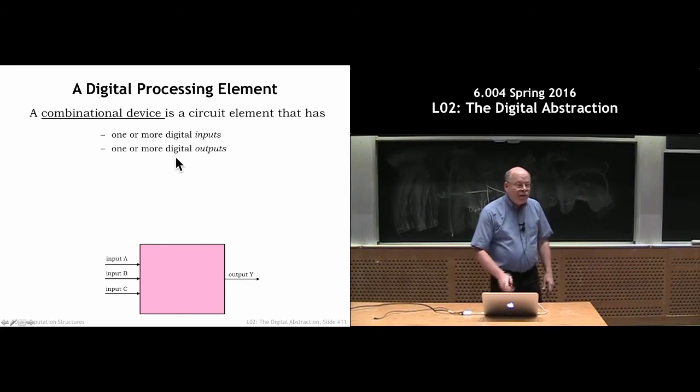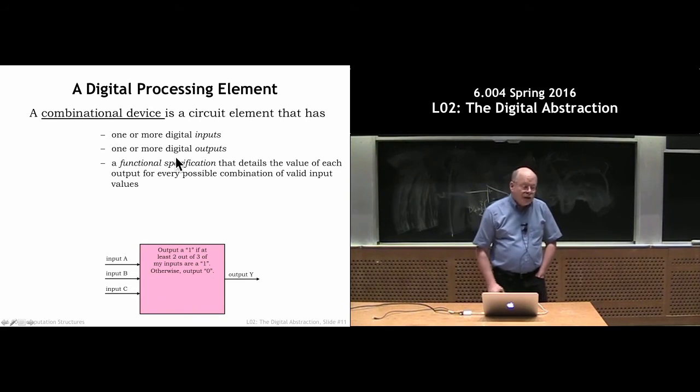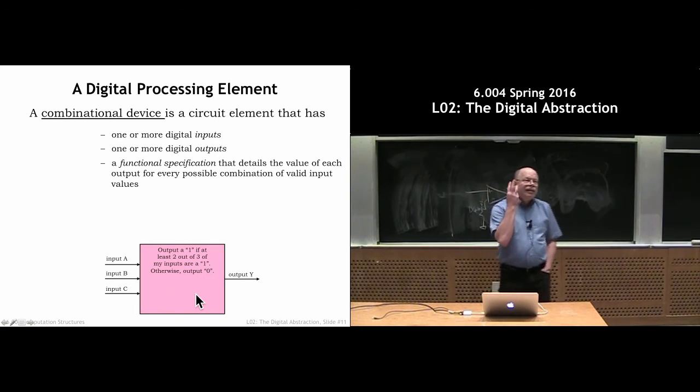So combinational devices have digital inputs and digital outputs. They include a functional specification that tells you for each possible combination of inputs what the output will be. In this case, how many possible combinations of digital inputs are there? There are three wires, 3 digital inputs. How many cases do I have to take care of? 8, because each wire can have one of 2 values, 0 or 1.